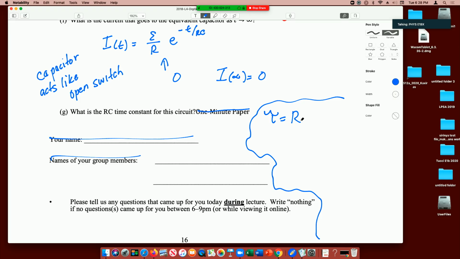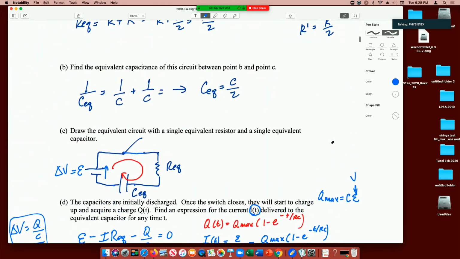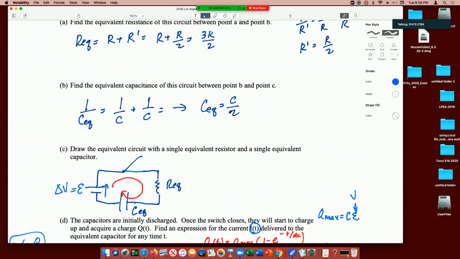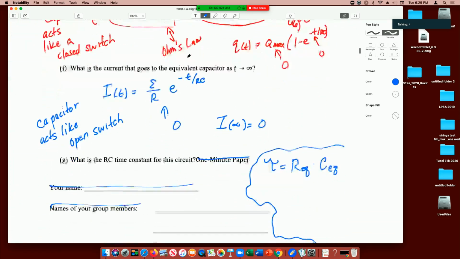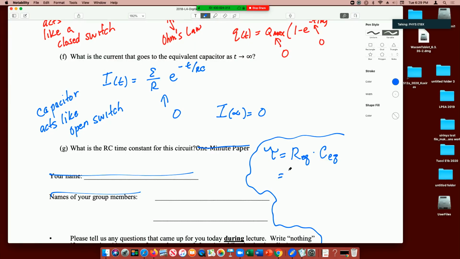To calculate it, I just multiply the equivalent resistance and the equivalent capacitance. On the previous page, we calculated that the equivalent capacitance is C/2 and the equivalent resistance is 3R/2. So it's a matter of multiplying those together: 3R/2 times C/2 gives 3/4 RC as the time constant for this particular circuit.